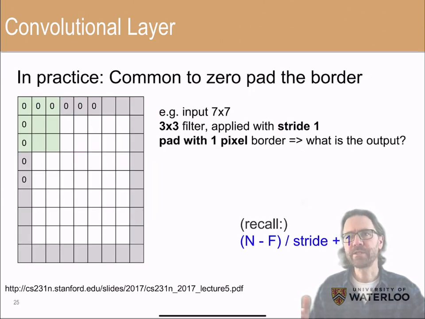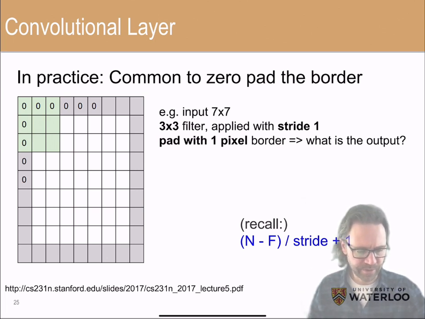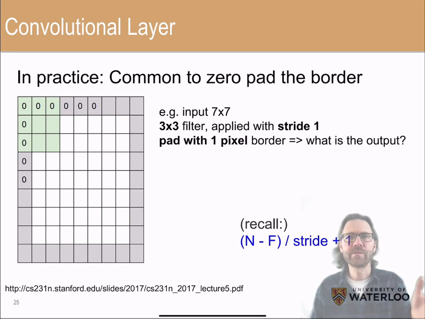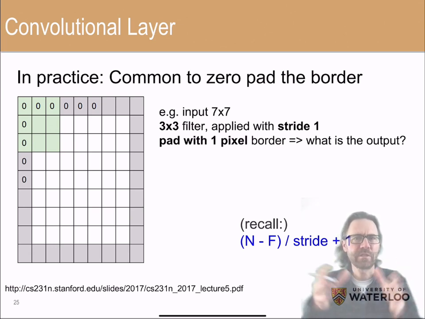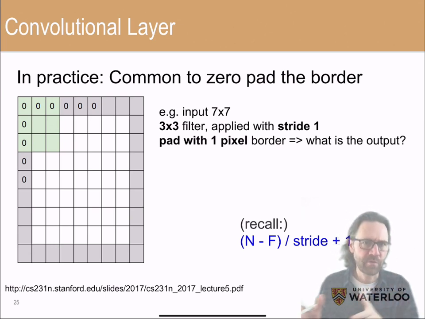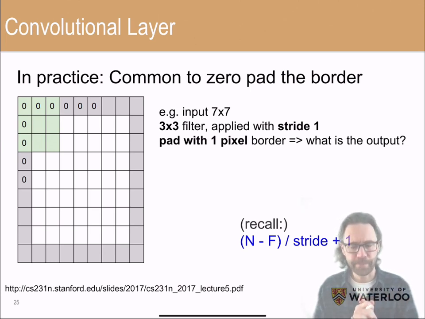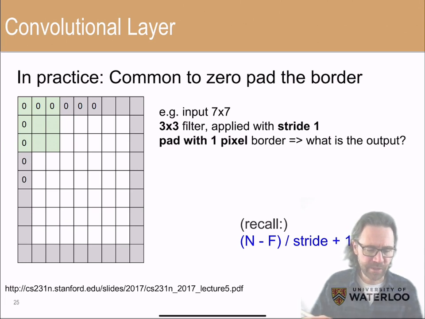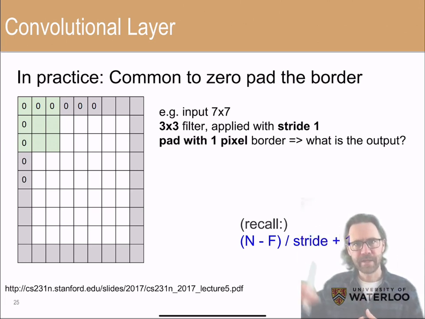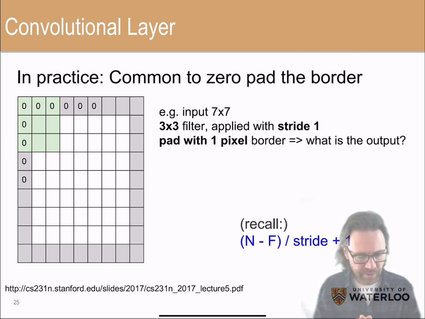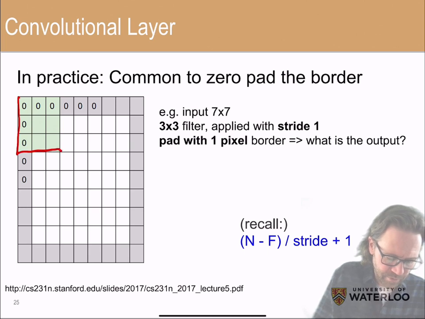Okay, in practice it's common to pad your input so that you don't have this issue, so you don't get smaller and smaller as you go on through multiple convolution layers. So in this case, for example, our filter is 3 by 3. We're going to pad everything by 1. That means you add a whole outline of zeros, a whole bunch of pixels, and you just set them equal to 0, so that it makes sense to put your kernel up in the corner here.